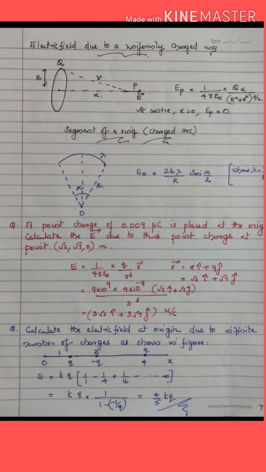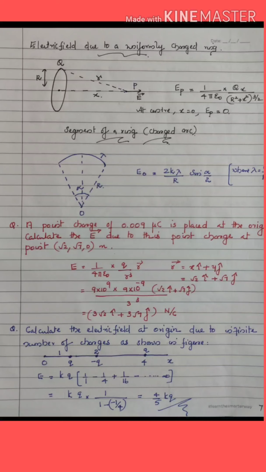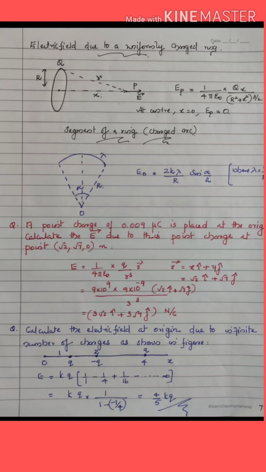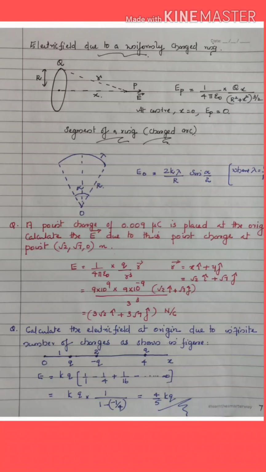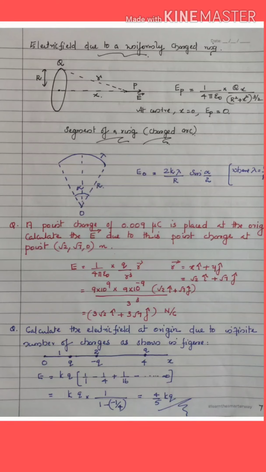Look at the two important contributions. A ring, at a particular point along the axial line. What is the contribution? It's a very important concept: 1 by 4 pi epsilon 0 capital Q x by R square plus x square the whole raised to 3 by 2. And keep in mind at the center x equals 0, E equals 0.